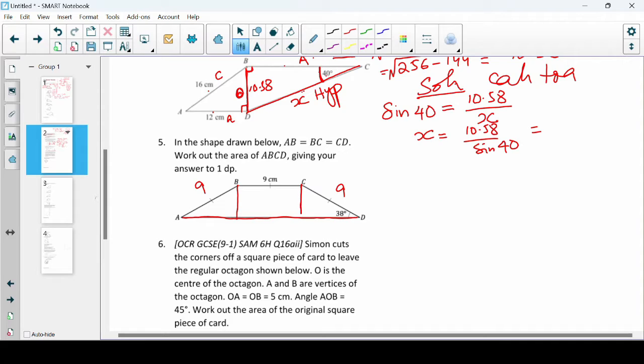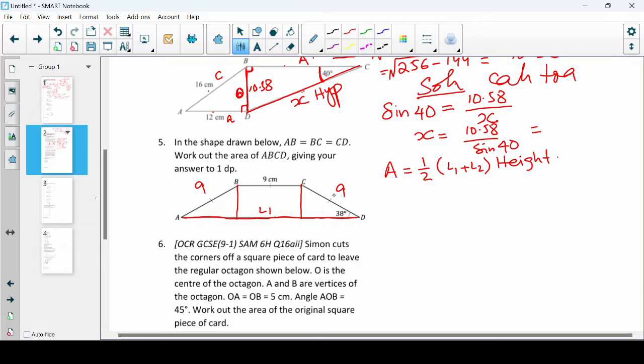The area of a trapezium is equal to half of L1 plus L2 times height. We call this whole side L1, length 1, and length 2 is 9, given to us. So we need L1, and this height we need to know.